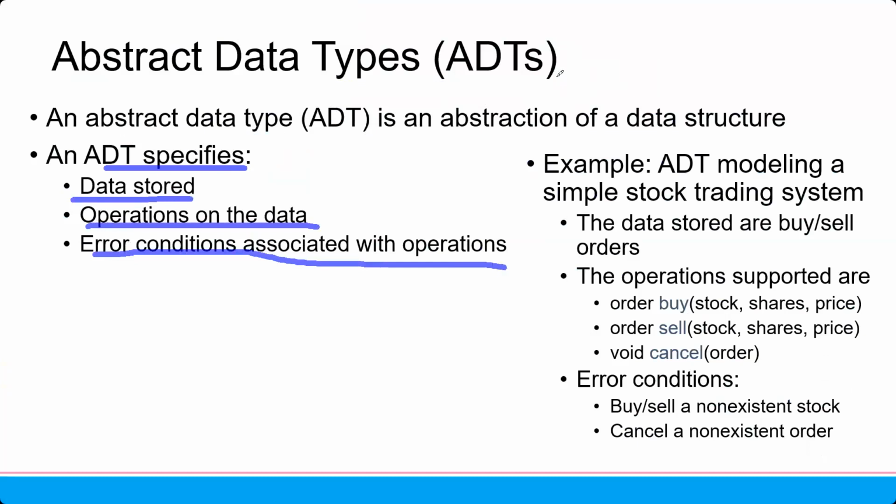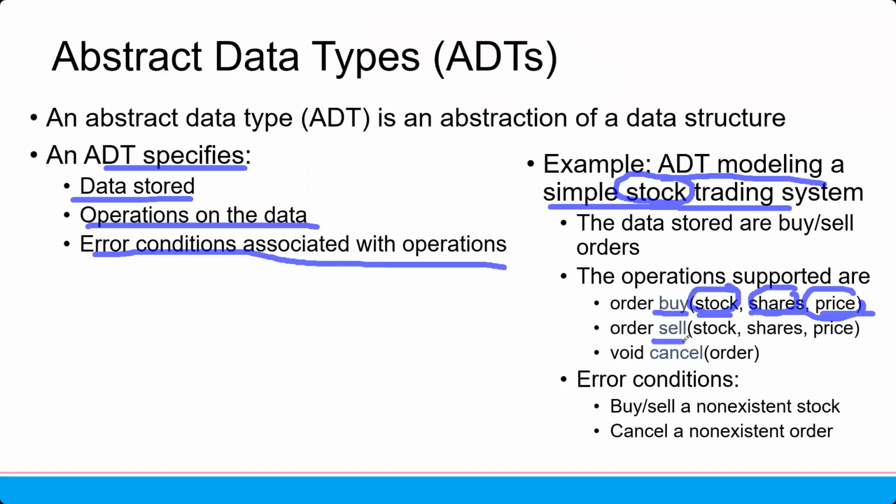For example, I want to make an ADT to model a simple stock trade, like investment. If we want to buy stock or sell stock, then there will be operations. For example, I want to buy a stock: which stock, how much I want to buy, and at what price. So I have three parameters.